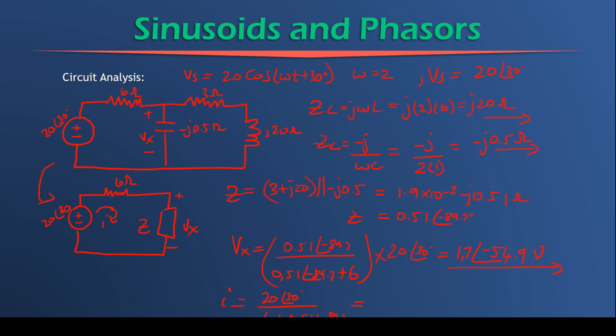And that gives us a value in polar form of 3.31 angle 34.85 amps.